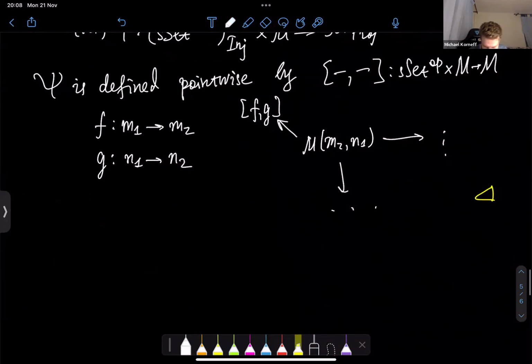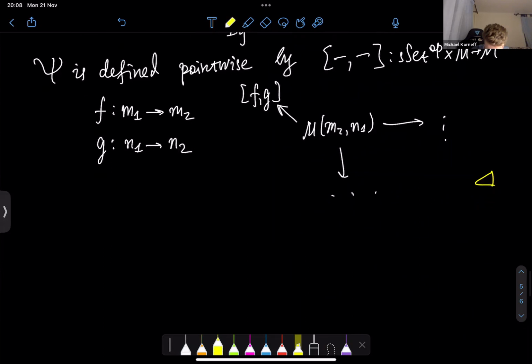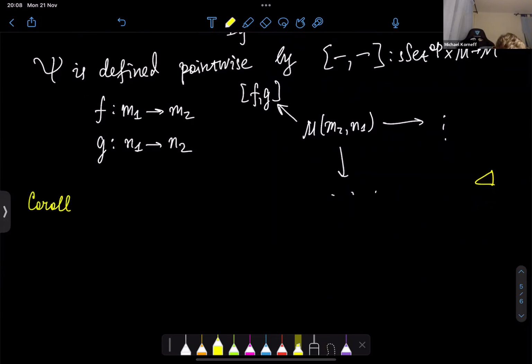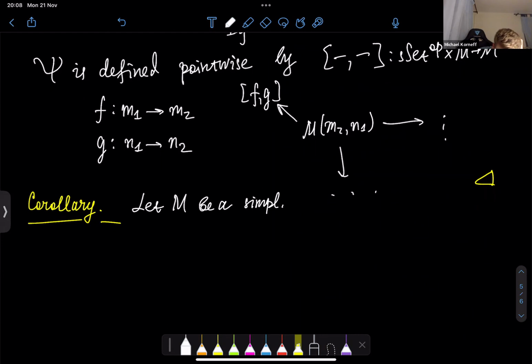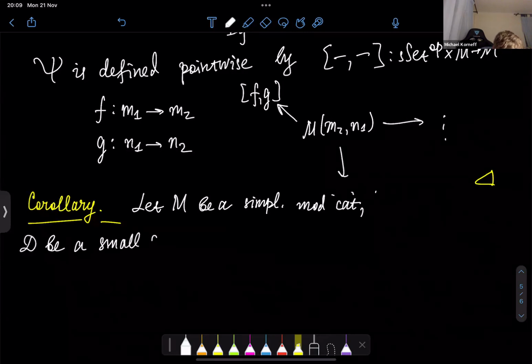And thus we have the following corollary. Let M be a simplicial model category and D be a small category.